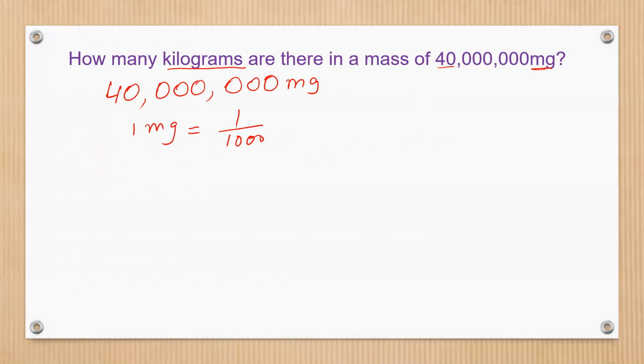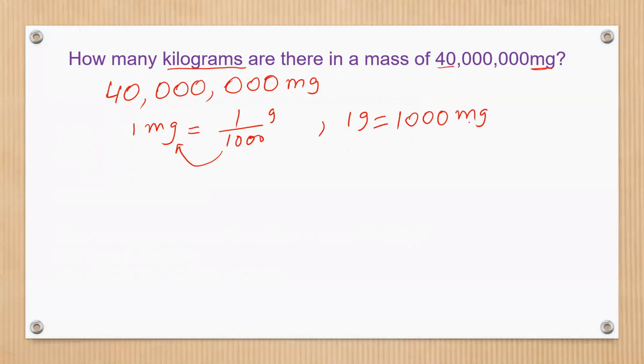So that's equal to 1/1000 gram. So I can cross multiply. By cross multiplication here, I can change 1 gram into 1,000 milligram. So according to this conversion, my 1 gram is 1,000 milligram.